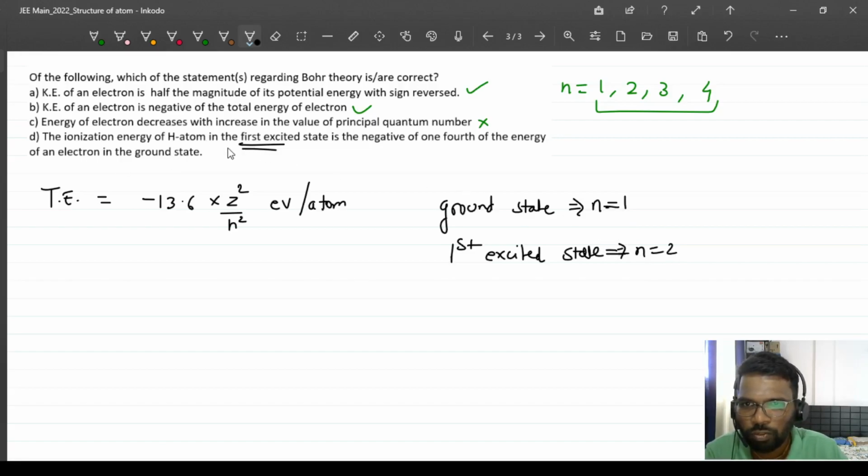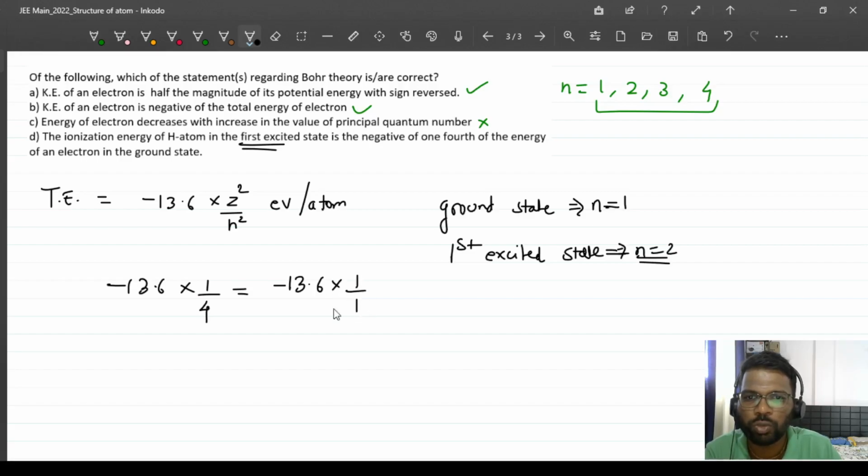So for the hydrogen atom in the first excited state, n equals 2: minus 13.6 upon 1 by n², which is 4, so minus 13.6 by 4. In the ground state, n equals 1, so it is minus 13.6 into Z which is 1, and n² which is also 1, giving minus 13.6.